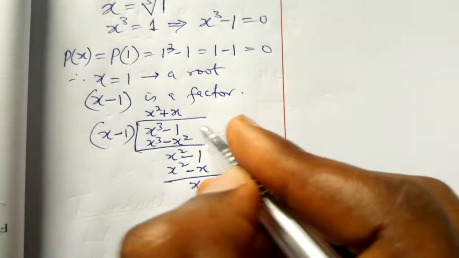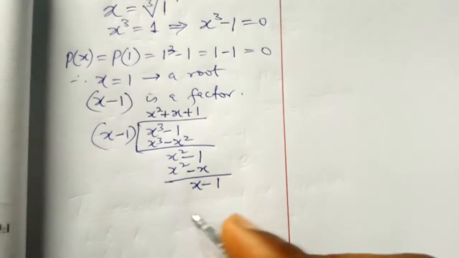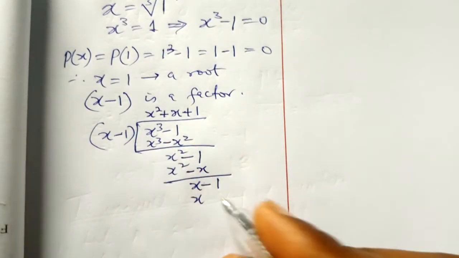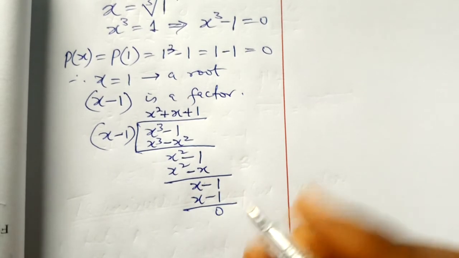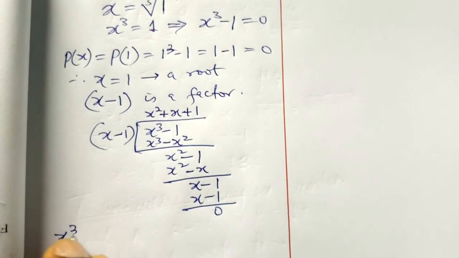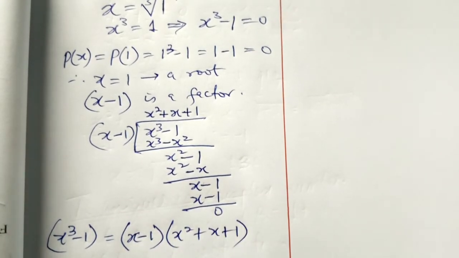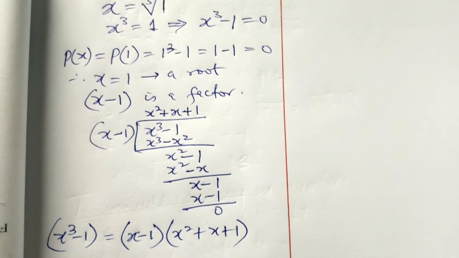So that the next one that will go is plus 1, so that this x here minus 1 is 0. So we find out that at least we have gotten to the factors, this plus 1. We have gotten that.